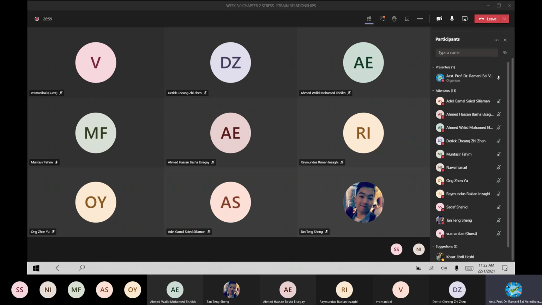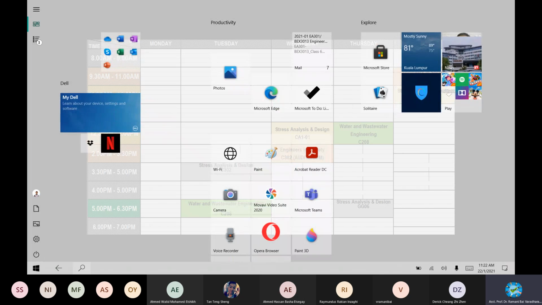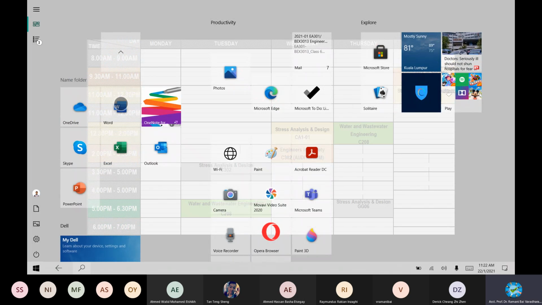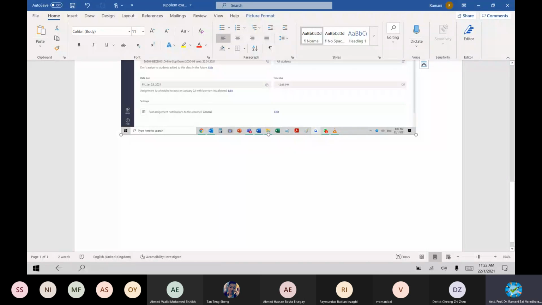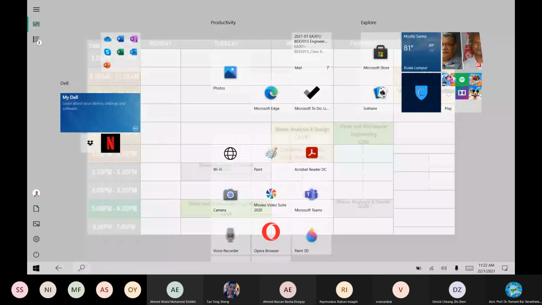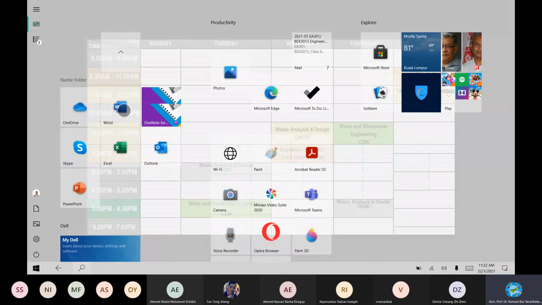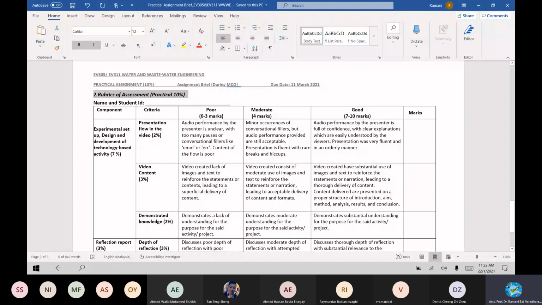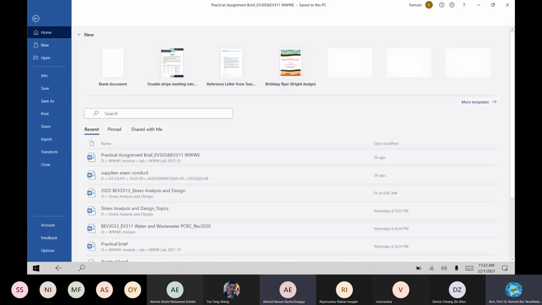Okay, let me start with the blank sheet. You can see the screen, right? Yes, yes.